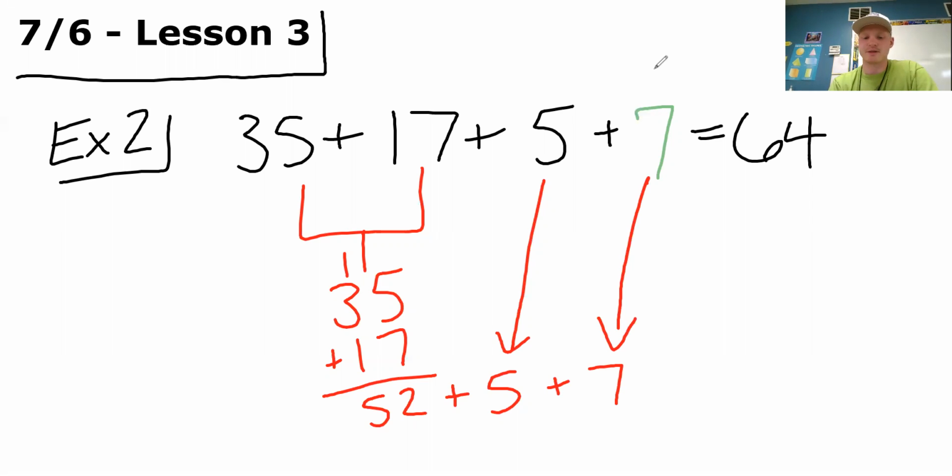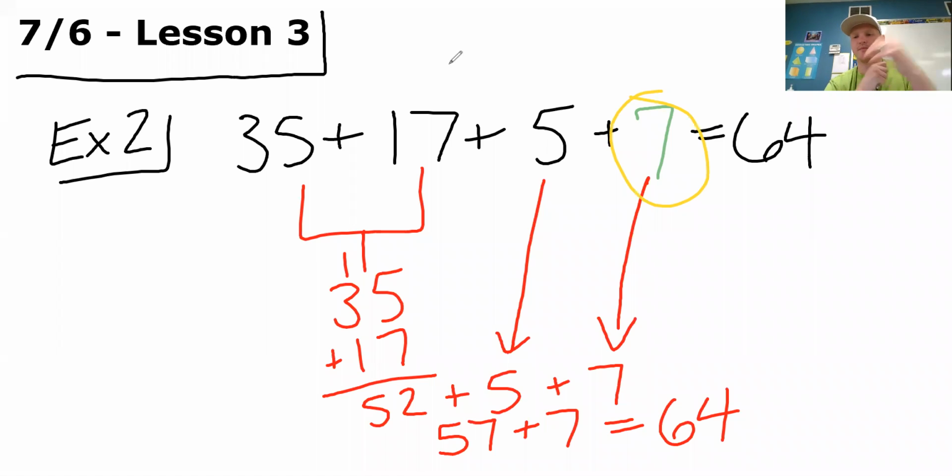Hopefully our answer is going to be 64. So 52 plus 5 is 57. Add 7, that gives me 64. Does that match my value of 64 right here? 64, 64, that looks good. So 7 is the correct answer. N equals 7.